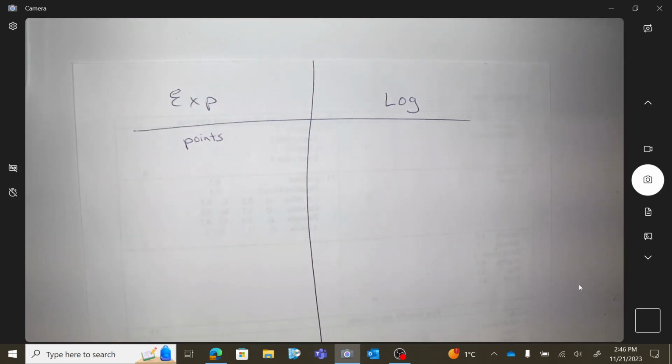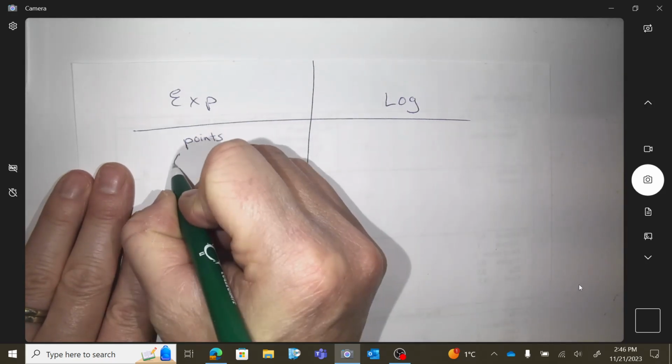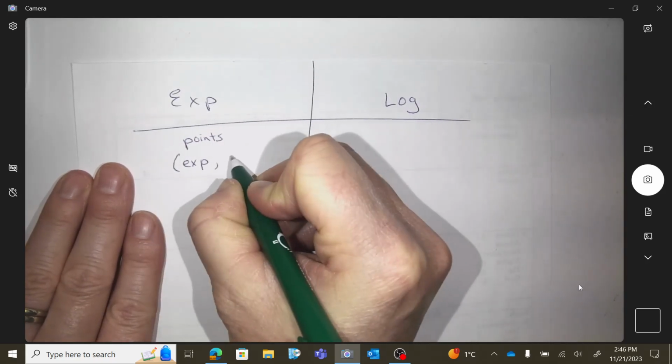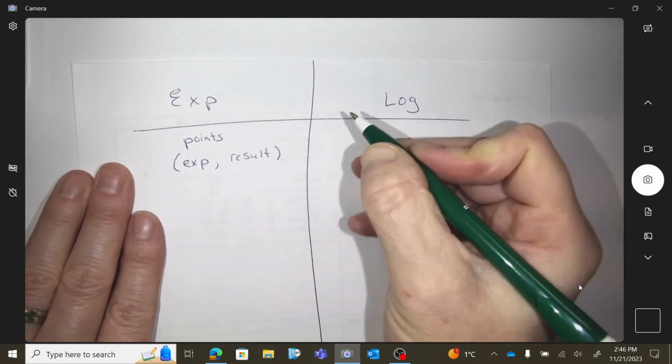Okay, so your exponent points should go exponent, comma, result.